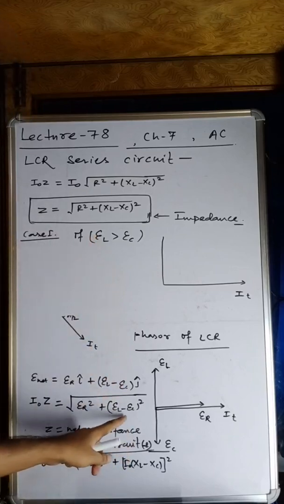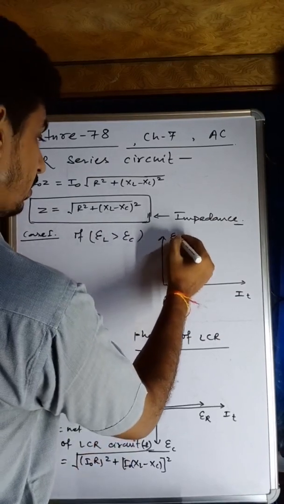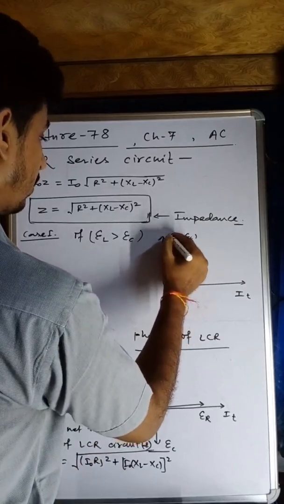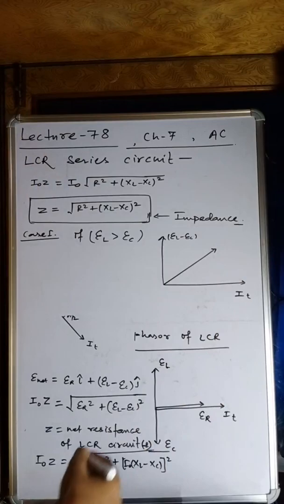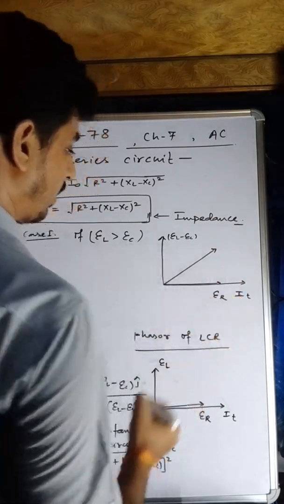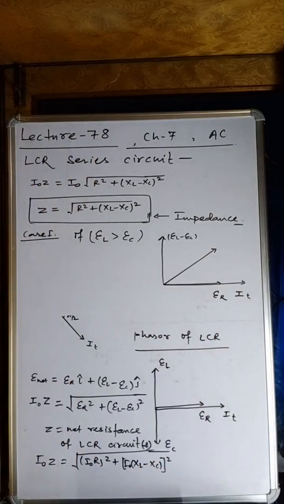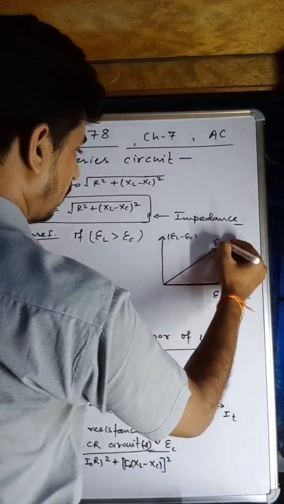Look here, EL minus EC will be positive if EL is greater than EC, and the net voltage will be in the upward direction. Because there is no change in ER, remember, ER is over the same axis, and this will be the net voltage.